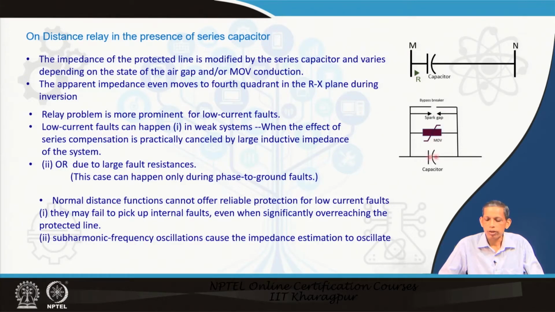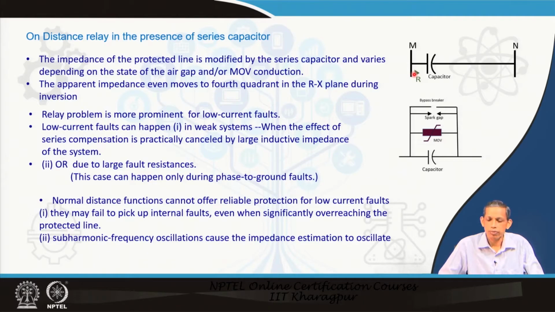Whenever the current through the capacitor becomes more, voltage across the capacitor goes high. The capacitor has a specific voltage rating. If it goes beyond that, it is dangerous and may damage the capacitor. So, MOV operates and then the functioning of the spark gap and the bypass breaker that we have discussed in the last lecture.